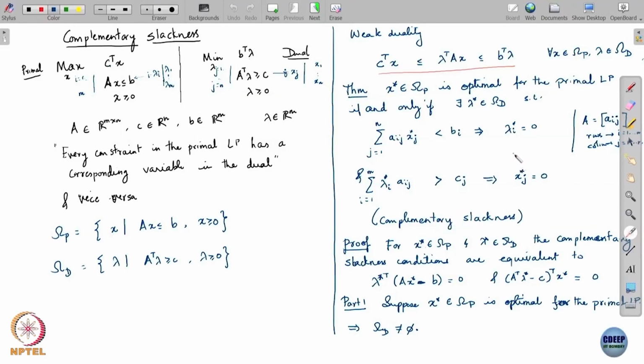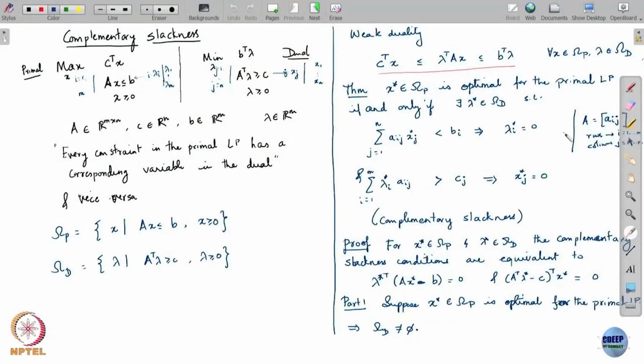So although the constraint is stated as an inequality, if it holds with equality, then there is an applicable Lagrange multiplier for that constraint. If it does not hold with equality, which means if this inequality is strict, then the Lagrange multiplier for it is effectively 0.